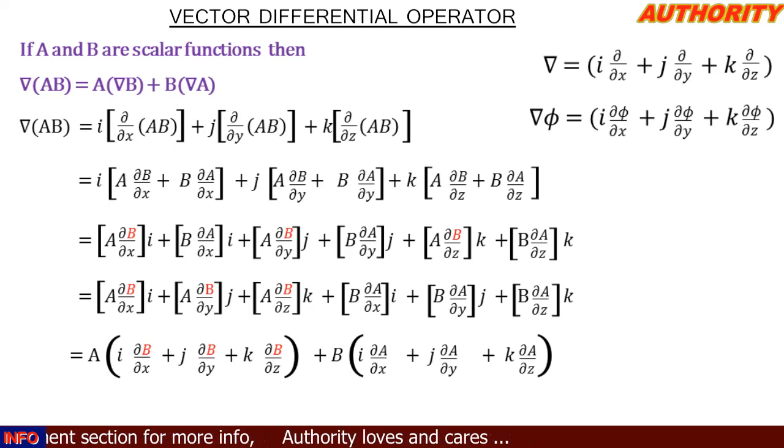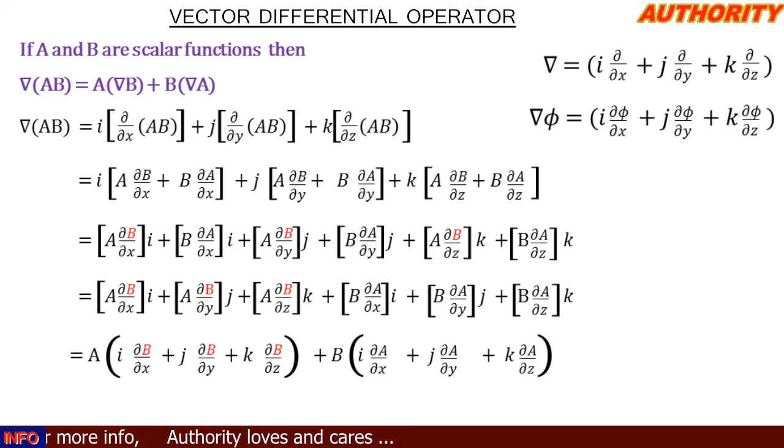We put this in bracket and then we say B. You see that B is in all, so we factor out B. Factoring out B, we have B open bracket, on i component, the partial derivative of A with respect to x, plus j, the partial derivative of A with respect to y, plus k, the partial derivative of A with respect to z.